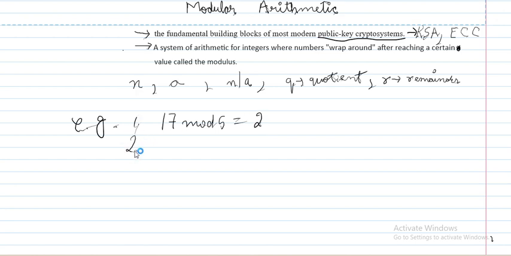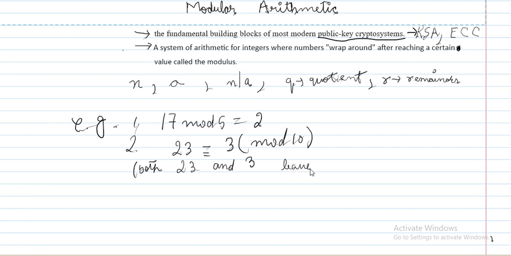Example 2: 23 is congruent to 3 mod 10, that is, both 23 and 3 leave remainder 3 when divided by 10.